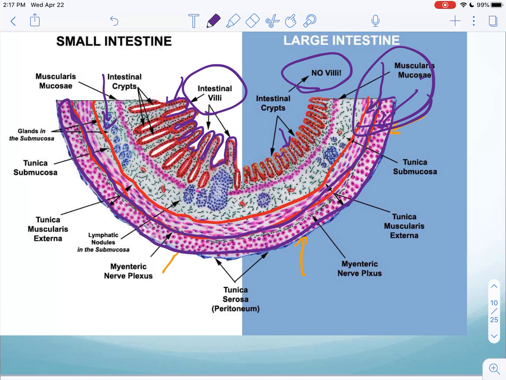And when that happens, we have to be able to absorb it here. Okay? Large intestine does some absorption too, but not to the capacity that your small intestine absorbs nutrients.